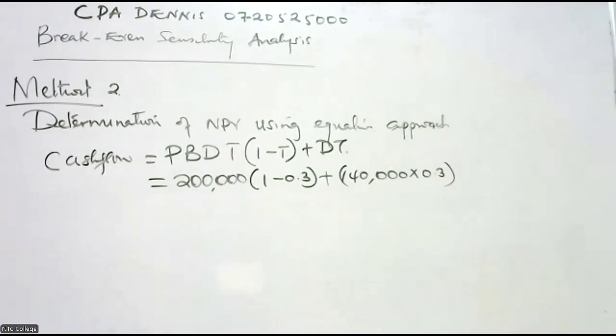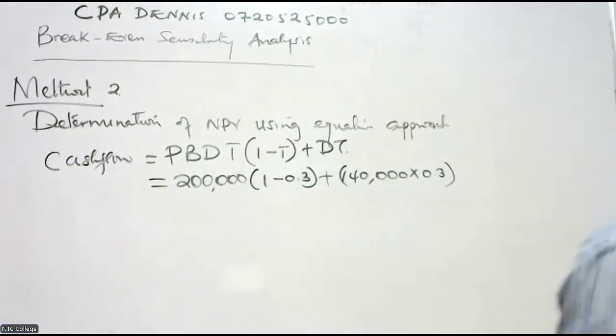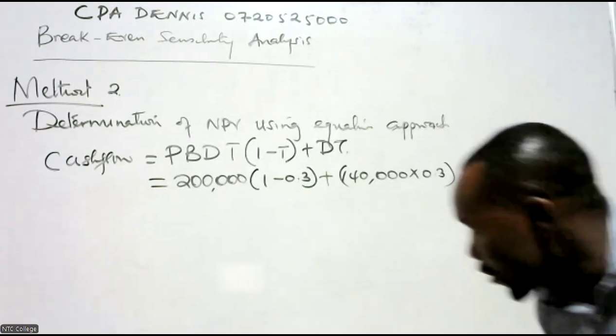Confirm to me what you're having. Is it 182,000 as our free cash flow? Violet is confirming that that is true. I want everybody to confirm. Yes, it's true.